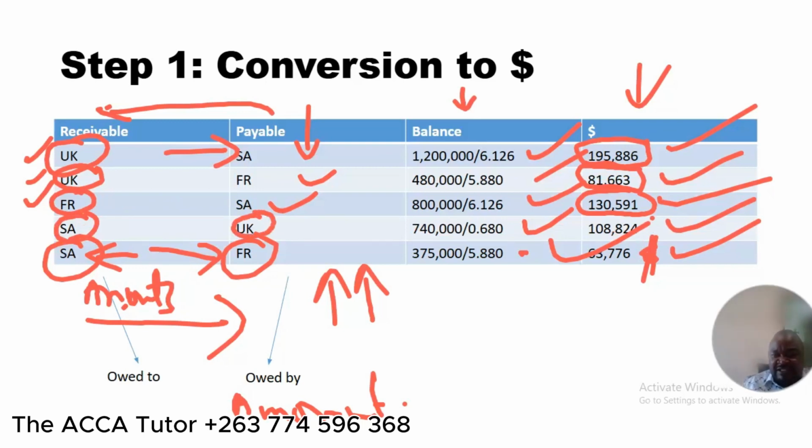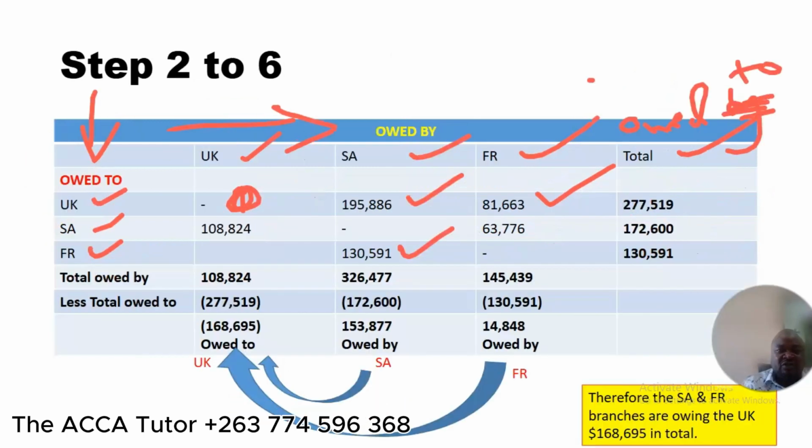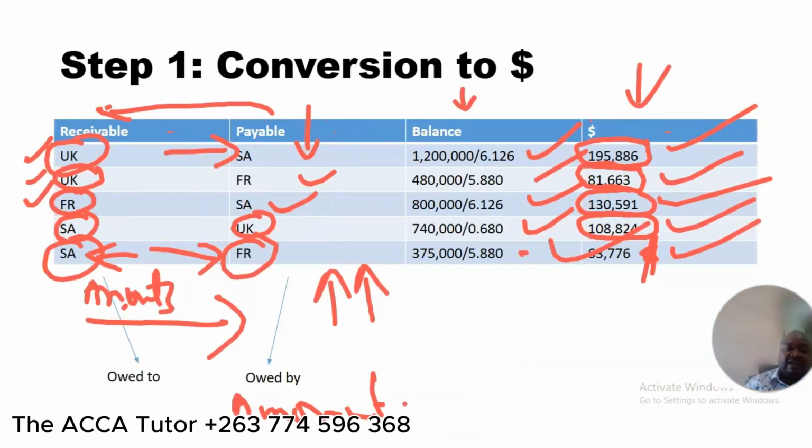We discovered that this was 108,824. So South Africa, UK. South Africa was being owed by the UK this amount, 108,824. We ask ourselves again, was there still another amount to which the South African company was owed?